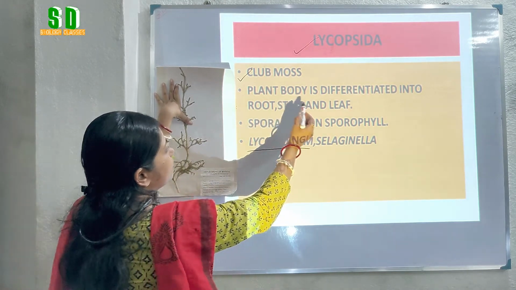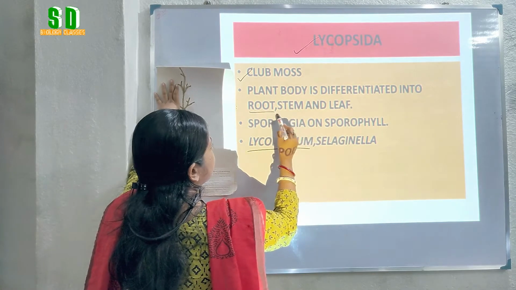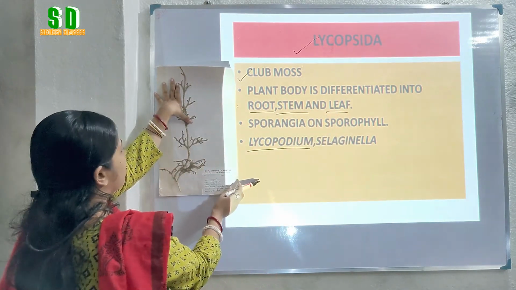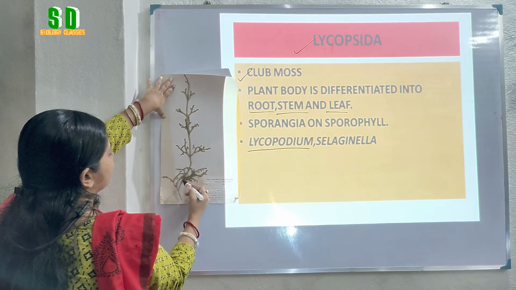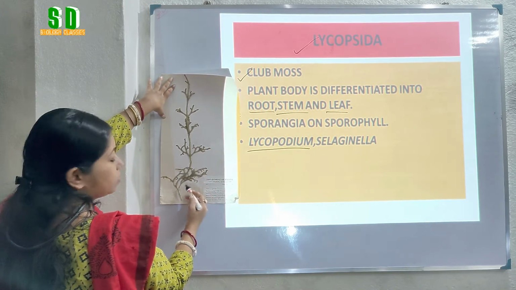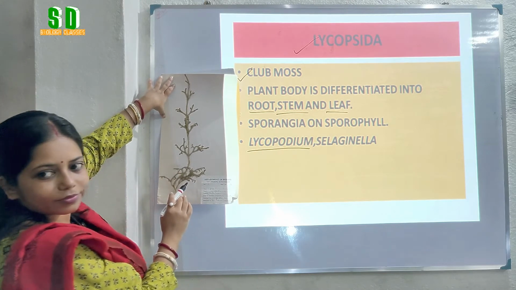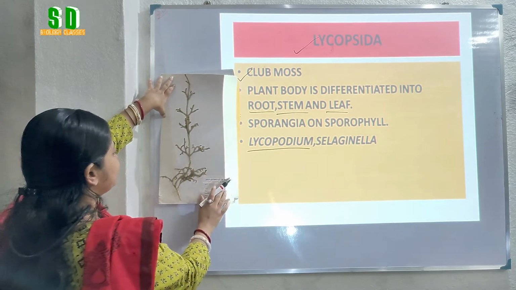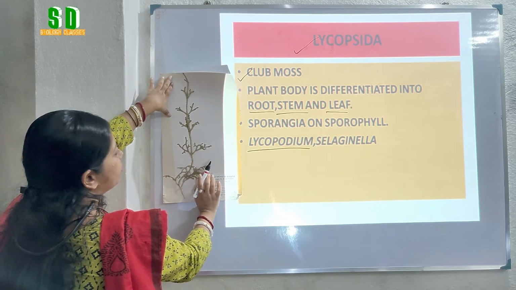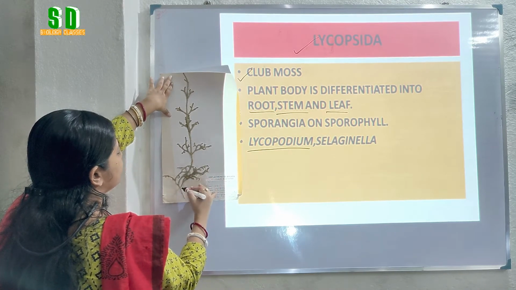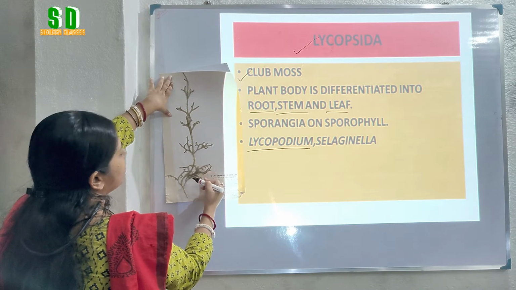Now you can see that the plant body is differentiated into root, stem and leaf-like structures, as in the herbarium sheet also.